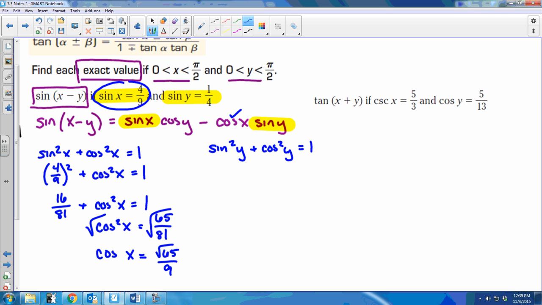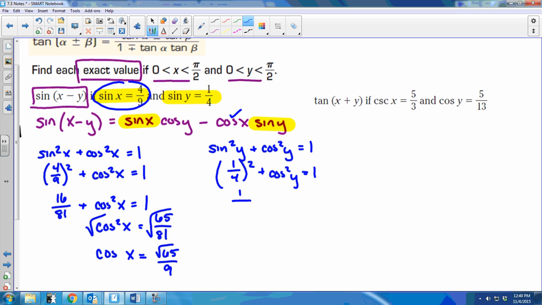Sine Y is 1/4 though. It's really important that you use the right variables on this so you know which piece you get. I know some of you guys don't like to write the x's and the y's and the thetas and all that jazz. You need to, on this one, because that way you know which piece you have. Do you see why that's important?